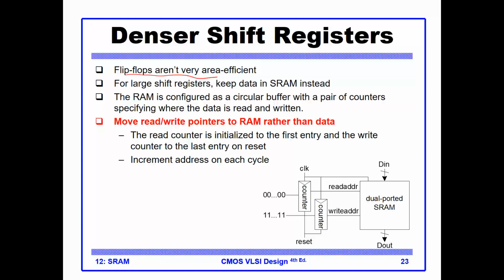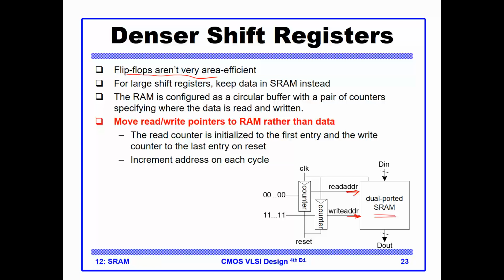So what we do is that we replace the flip-flops with a RAM. And we access the RAM. The RAM has 2 pointers. One, a read pointer, which is used to get the data out of the RAM, and a write pointer, with which we write the data to the RAM.